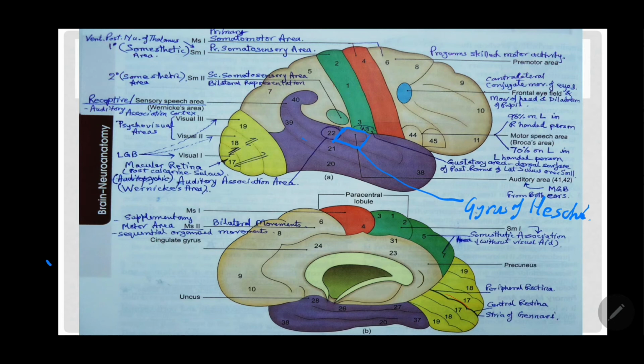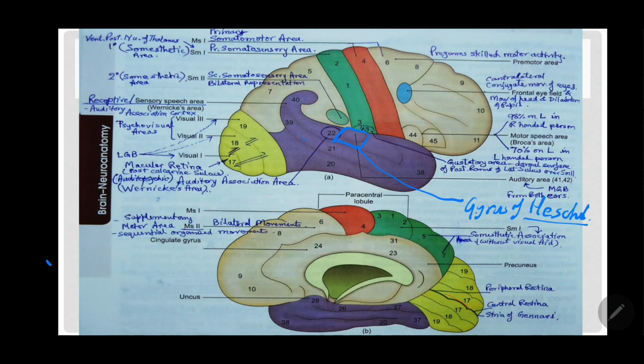Heschl. This is another name for the primary auditory area. The primary auditory area is a part of the superior temporal gyrus, and more of it reaches deep inside, on the inferior surface of the lateral sulcus.